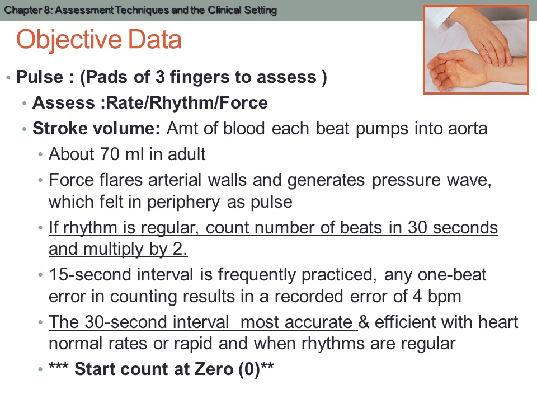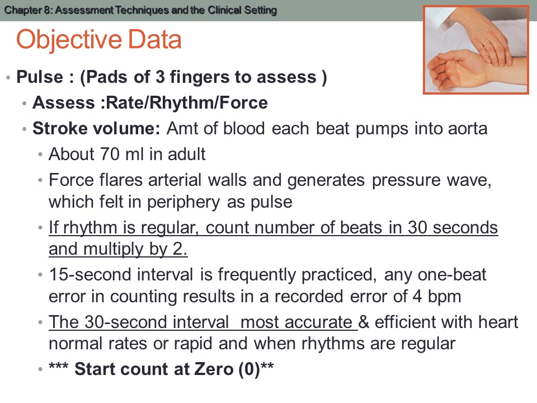Do we start with the first beat as 1, 2, 3? Actually, we want to start with the first beat as 0. So when you feel that first pulsation, that would be the start. You count 0, 1, 2, 3, and then continue onward. Again, anytime their pulse is irregular, we are going to count for a whole minute.